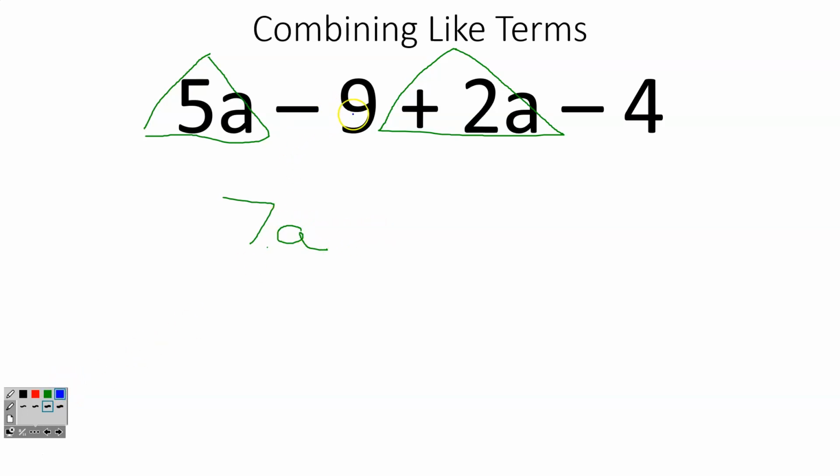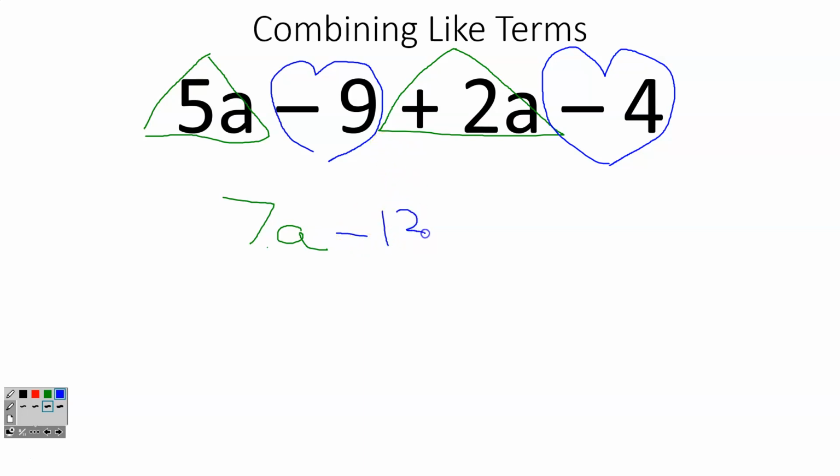Now, I have a 9 and a 4. Make sure that you include the sign that's in front of it. So I'll do a heart, and then I'll do another heart. Because now when I look at it, I have a negative 9 and a negative 4, which is going to give me a negative 13.